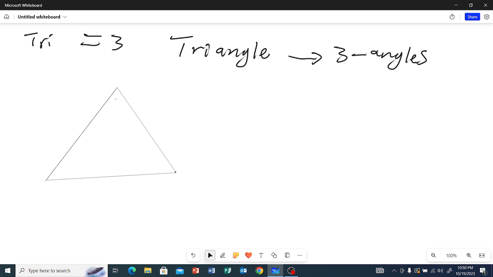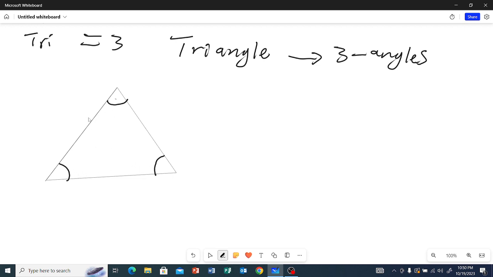Triangles have names based on their characteristics. For example, this triangle has three angles which are equal. When the angles are equal, you show them by these arcs that I've drawn.